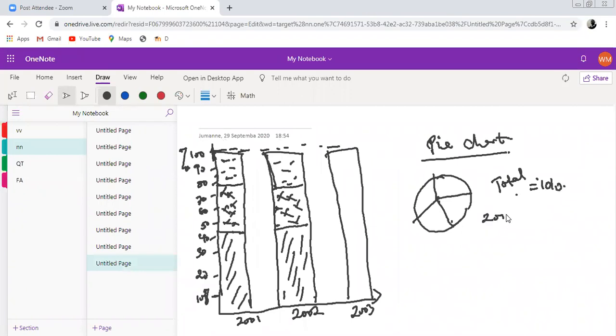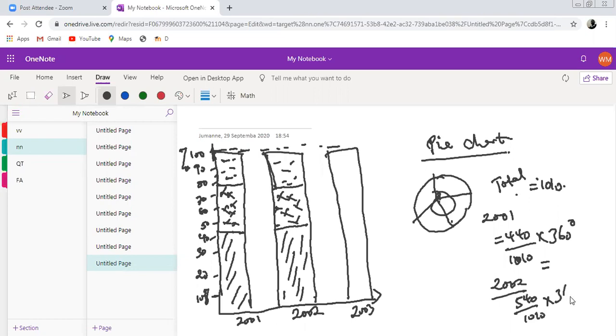Now we have 2001. It is actually 440 over 1010, which is the total. Then you multiply by 360 degrees, because one complete circle gives us 360 degrees. You get that. You go to 2002, it was 540 over 1010 times 360 degrees. You compute that. And then you go to 2003, it was 530 over 1010 times 360 degrees.